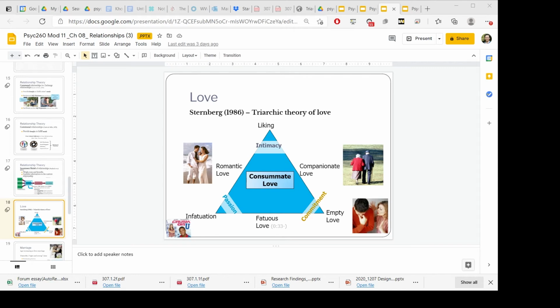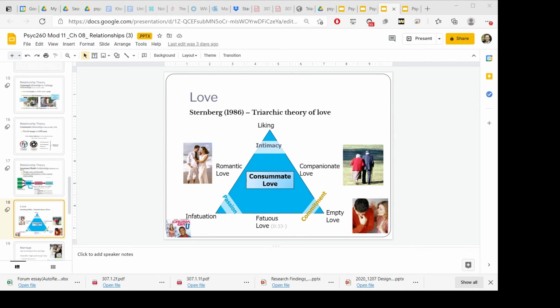But there are also other kinds of love hypothesized by Sternberg, when you only have one or two of the three elements. If you combine intimacy and passion, you get romantic love. If you only have intimacy and commitment, then you have companionate love, that you might see in old couples who may not feel super romantic to each other, but they still stay together and feel committed.